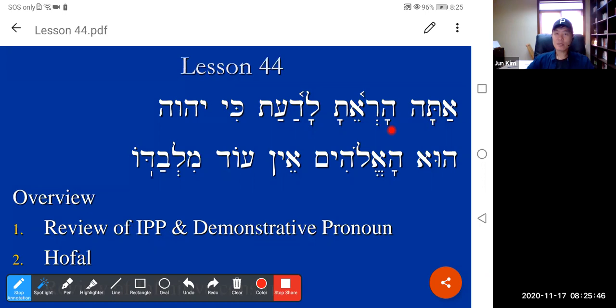The second condition is what? It should be coming under a closed syllable. What do you mean by closed syllable? You can see that this sheva is not vocal. Why? Because it is preceded by a long vowel point.